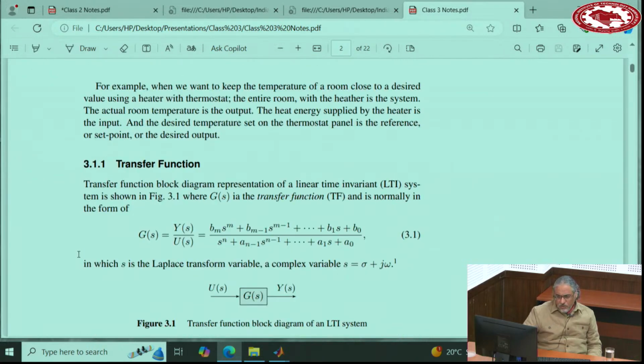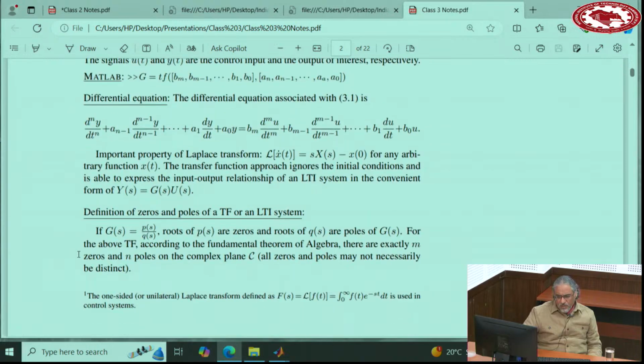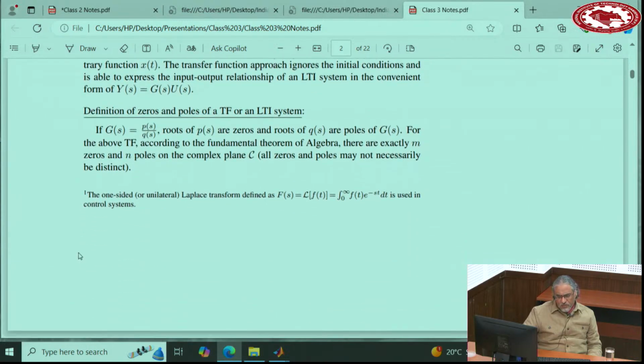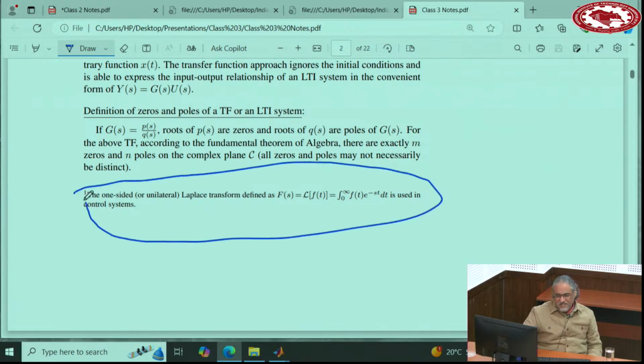Okay. So transfer functions and Laplace transform. Laplace transform you probably know, but if you don't know, I briefly pass through here. Maybe I should have spent a little bit more time, but just in a footnote. So that's the definition of a Laplace transform.